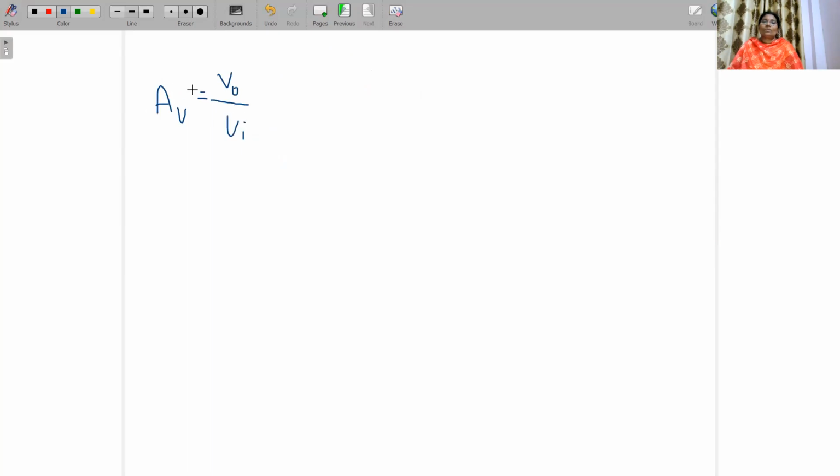What are the units for the voltage gain? No units. Why? Because input is voltage, output is also voltage.